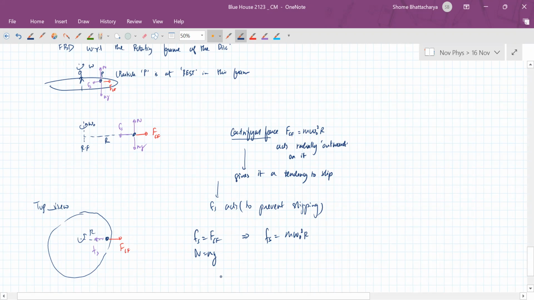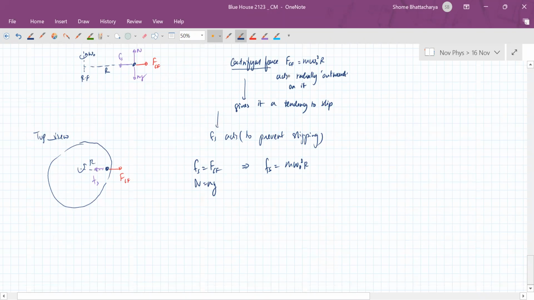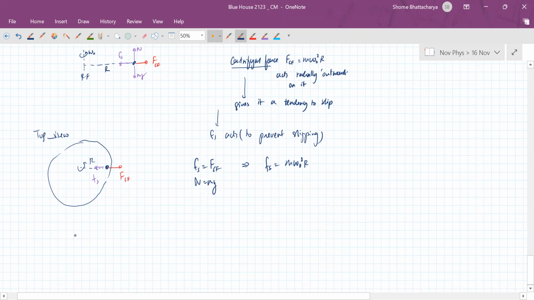Okay, so hope this is clear, people. Yes, sir. Okay, so with this, we'll conclude today's session here. Hope you people have been working out questions from HC Verma for circular motion. After today's lecture, please complete up to question 27 from HC Verma. Next lecture, we will begin with discussion of a few of the questions from HC Verma.